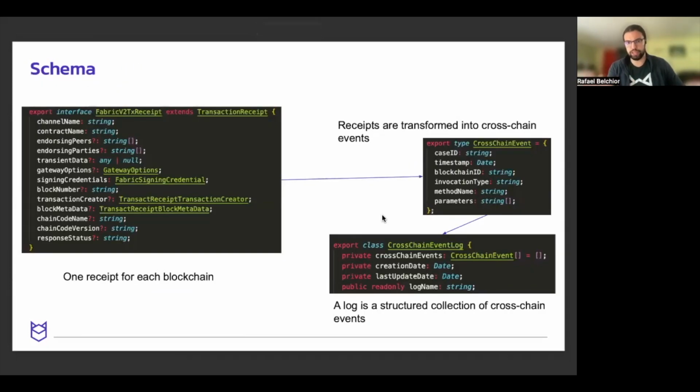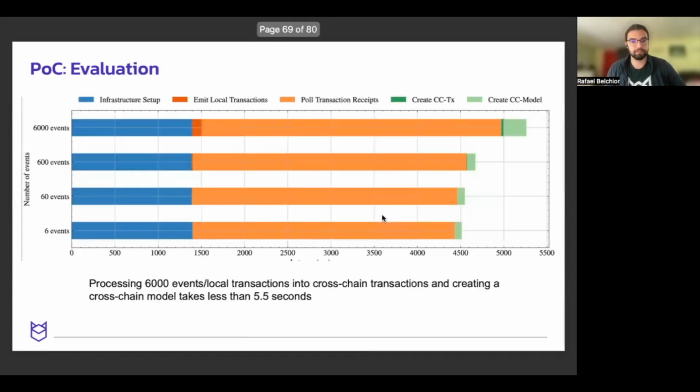So here we are showing specifically what these cross-chain events are and from where we build them. In the case of Hyperledger Fabric, a transaction has all these elements. We map those elements to a cross-chain event, and then we construct a log. Our evaluation shows that processing a large number of transactions is relatively fast.